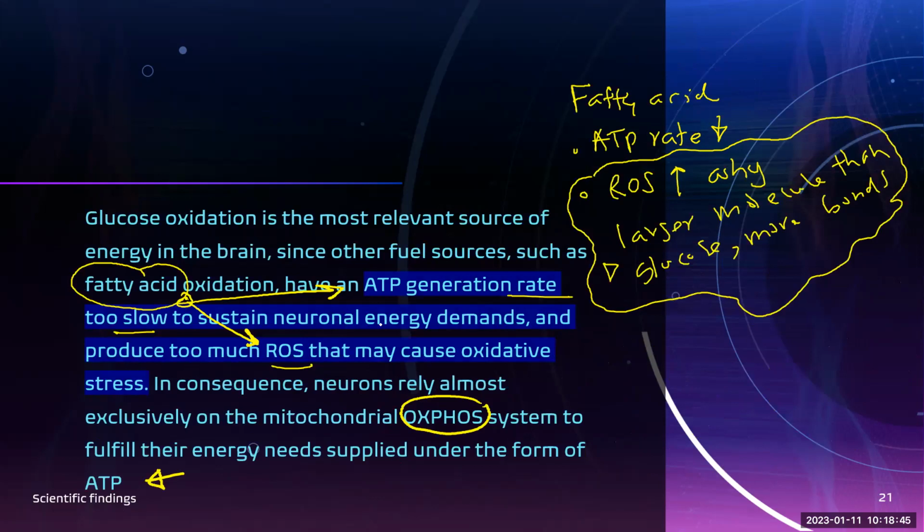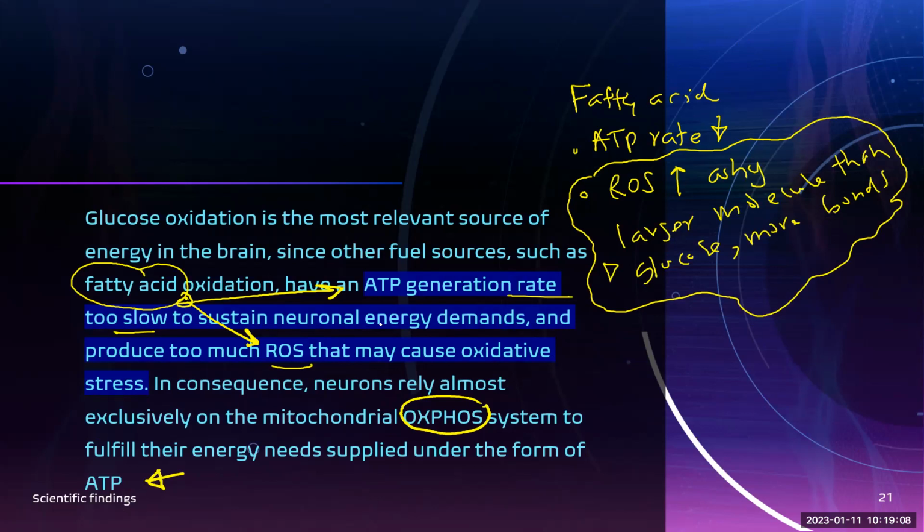Okay, glucose oxidation is the most relevant source of energy in the brain, since other fuel sources such as fatty acid oxidation have an ATP generation rate too slow to sustain neuronal energy demand and produce too much ROS that may cause oxidative stress.